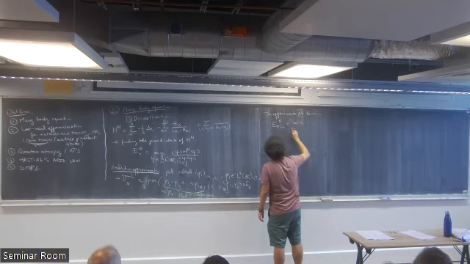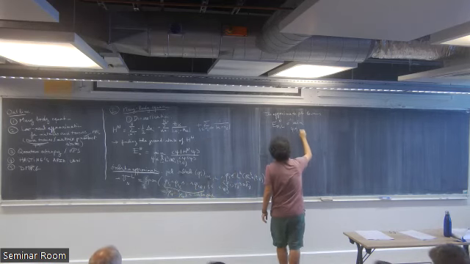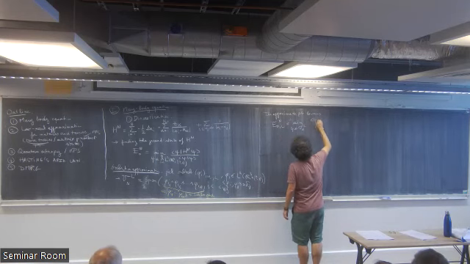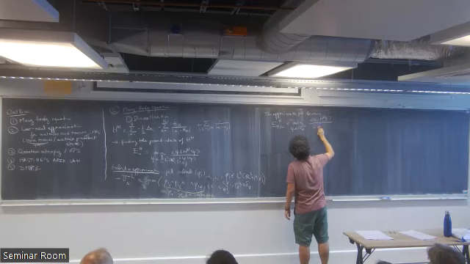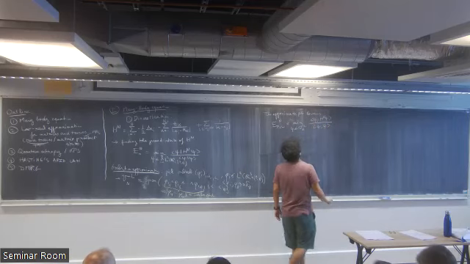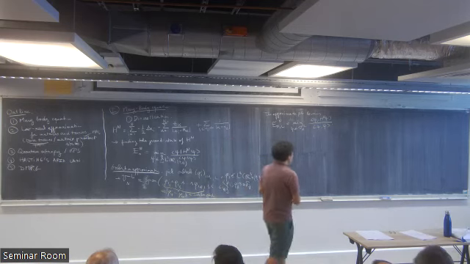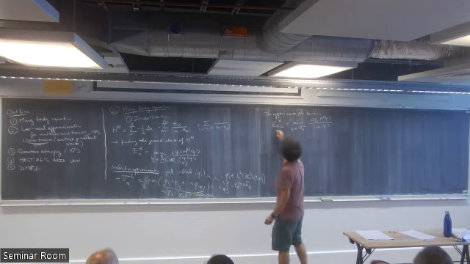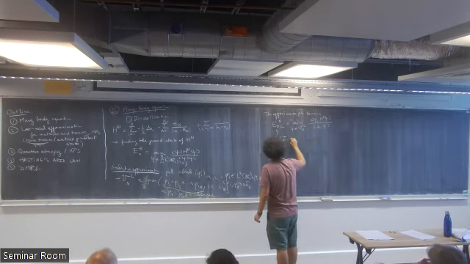So now I'm looking for a psi which belongs to this big space. And this is what is usually called the full CI energy.